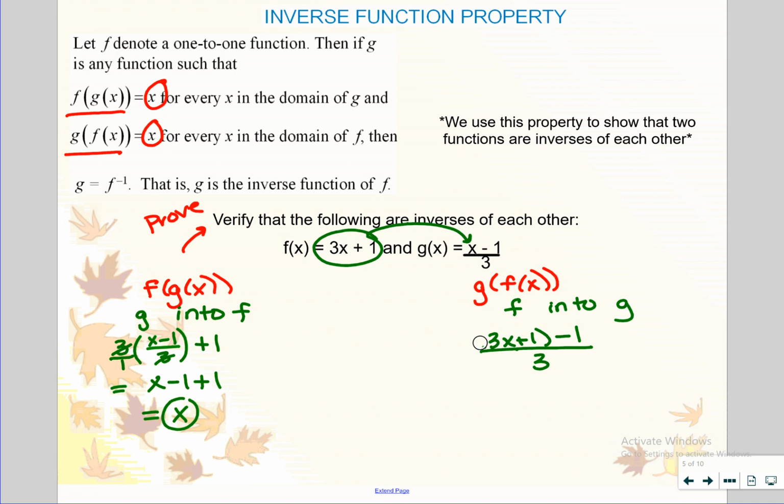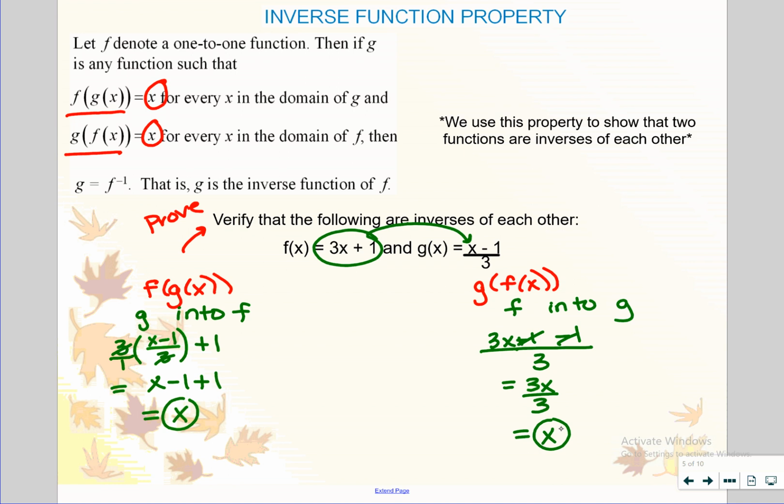I actually don't even need the parentheses in this one because nothing is being distributed through. The plus 1 and the minus 1 are going to go away. So you're left with 3x over 3. And now those 3's are going to cancel and we're left with x.